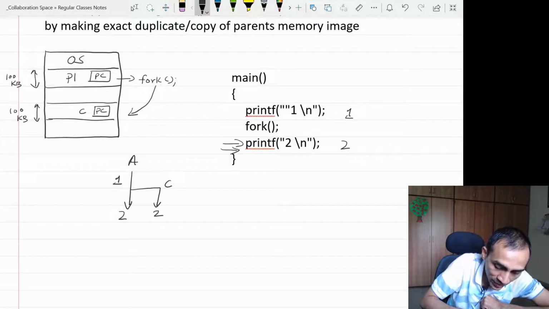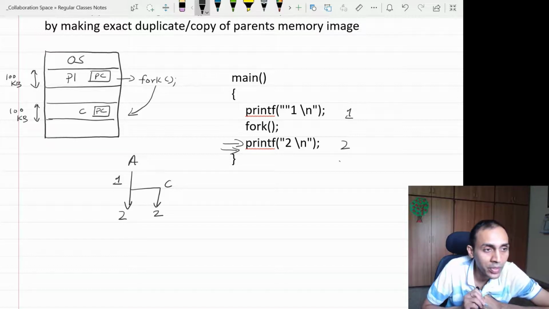It will not start from main, from the beginning, because the exact duplicate will come here. The program counter register which is pointing will also remain the same. So it is going to execute just the next instruction after the fork. As soon as it is born, it starts executing the same thing which process A is doing, the next instruction. So it is also going to execute the printf instruction. So 2 will get printed 2 times.